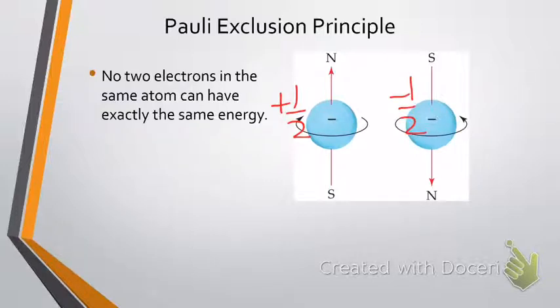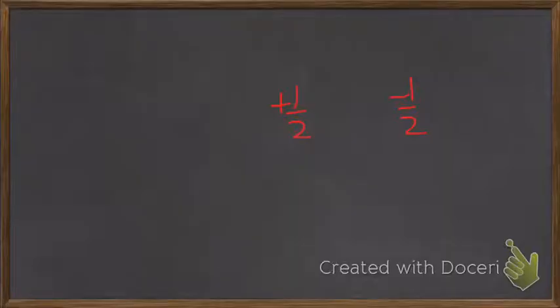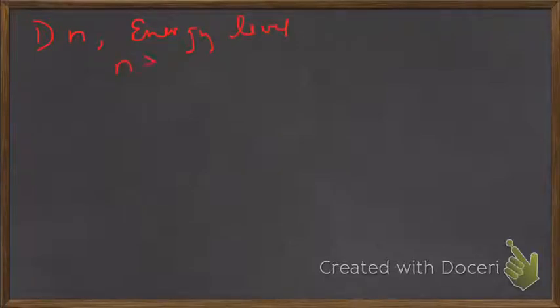Okay, so let's just do a quick review of the 4 quantum numbers. First, and they go in order, we have the principal quantum number, which was n. N tells you the energy level of the orbital. And n must be an integer, and it has to be greater than or equal to 0.